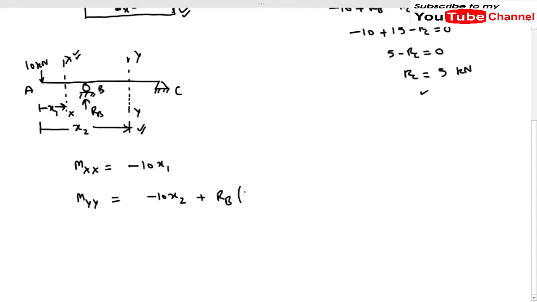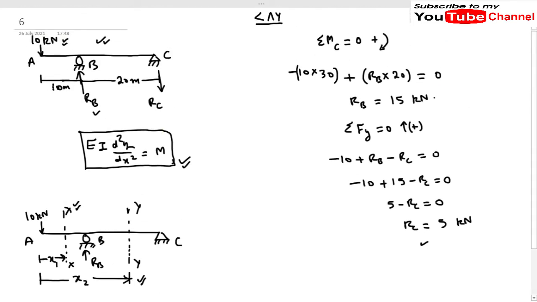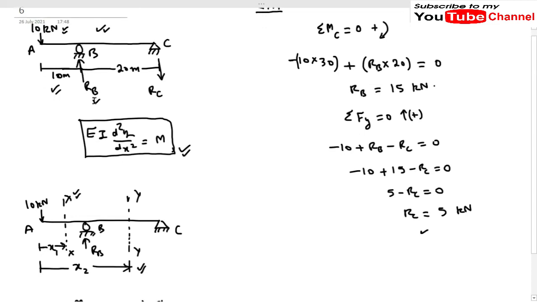It acts at a distance of x2 minus LAB, where LAB, the length of AB, is 10 meters.